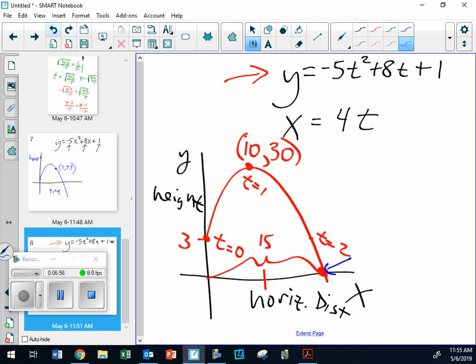So I'm just going to make this a little nicer. You know this is a little unrealistic, but if I make the ball hit the ground exactly at time equals 2, and that's pretty nice, then it's gone from t equals 0 to t equals 2. So you write this: time has to be between 0 and 2. That's called the domain.